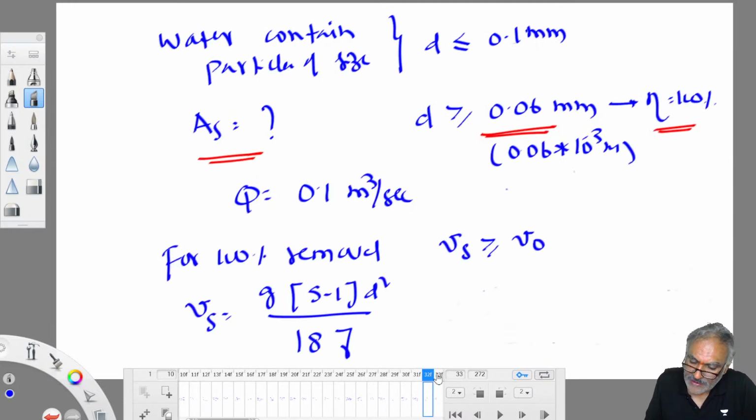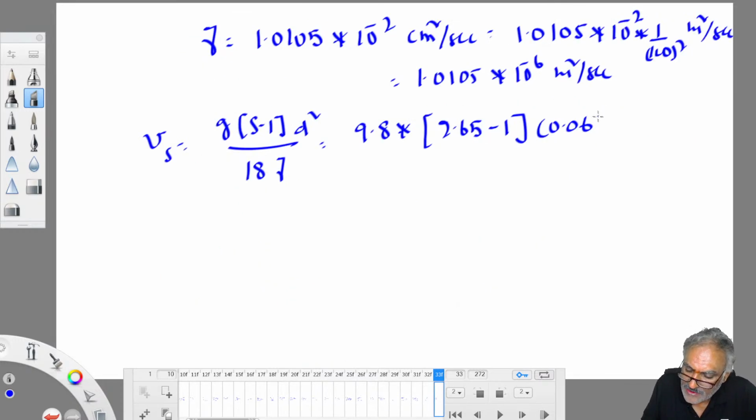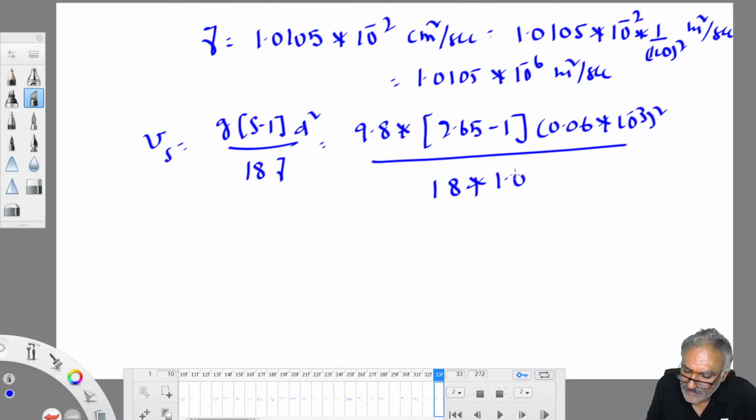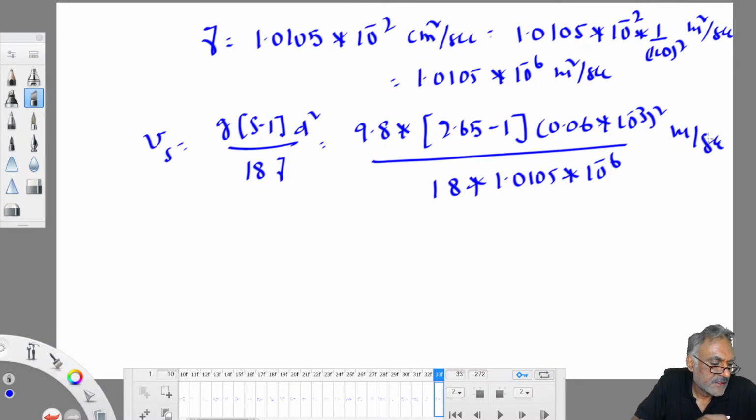0.06. Which diameter? Here 0.1 is also there, but it should not be taken, because the question mentions that water contains particles of size less than or equal to 0.1 mm, but you are able to capture 0.06. If 0.06 is captured, automatically larger than 0.06 you can capture. Therefore, 0.06 into 10 power minus 3 only we take into account here. 18 into nu. Can work out.